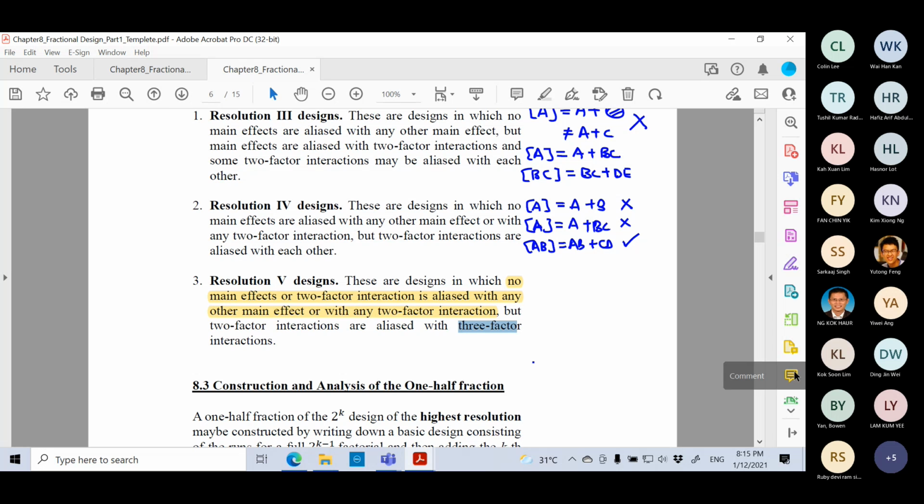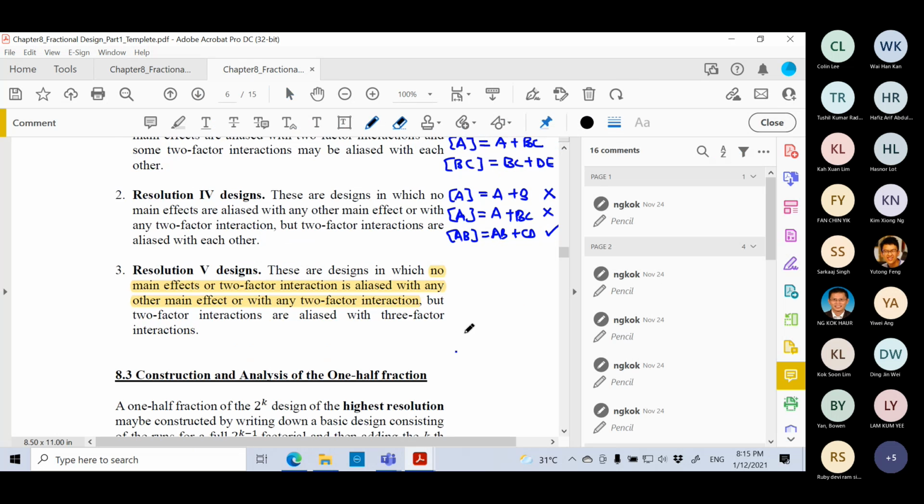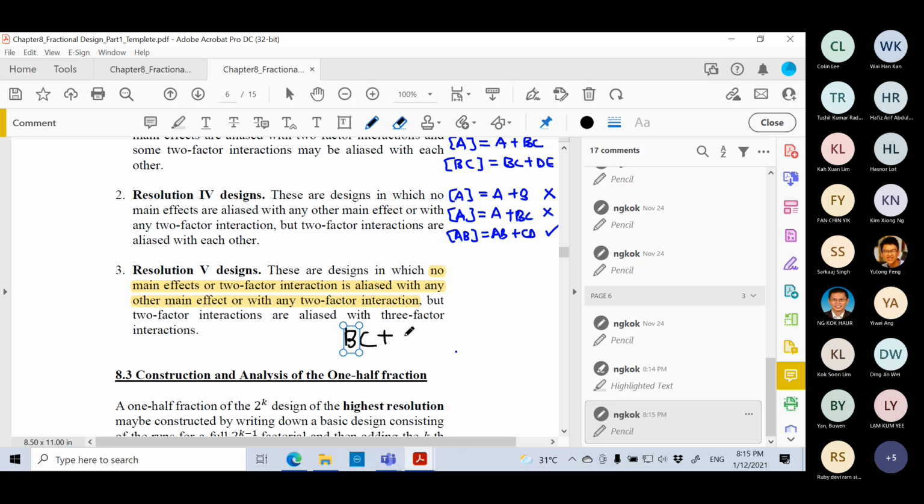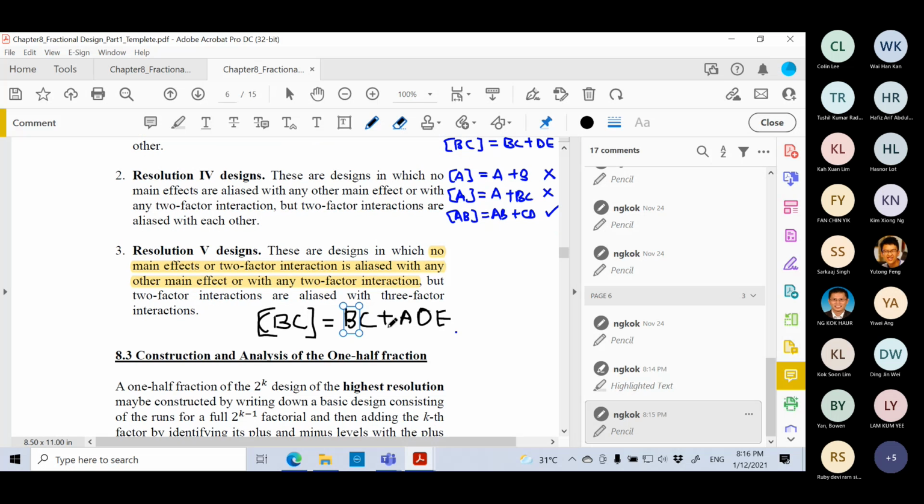So this will mean that, let's say for example, BC plus the three-factor, let's say ADE. Let's say we have this. If we want to estimate the BC, actually you are calculating the BC and the ADE, for example.